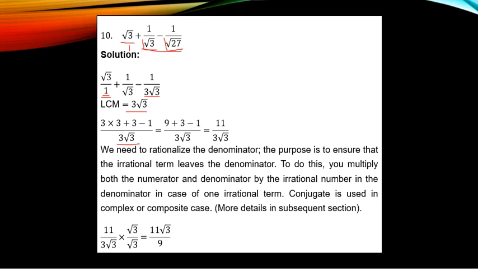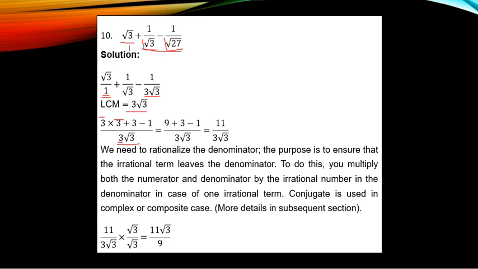So if you divide 3 root 3 by this one here, what you have is 3 root 3 multiplied by root 3. First of all, this 3 you have here will be there. Remember, we said that if you multiply root a by root a, what will you have? You have a. So root 3 times root 3 is 3. What happens is this. Root 3 times root 3 is root 9. And root 9 is 3. See that? Okay.